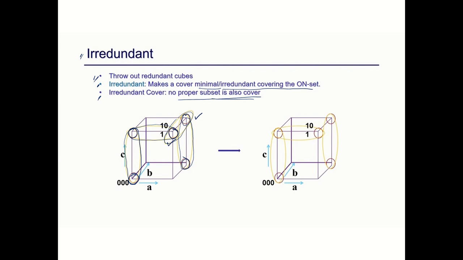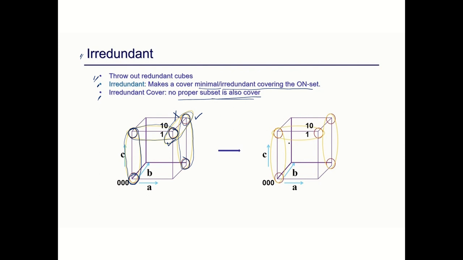If these are the redundant nodes, we'll eliminate the covering which is possible with the help of these two particular onsets. Here you can observe that this covering is removed. As both these terms are redundant, this covering is redundant, so we remove this one.